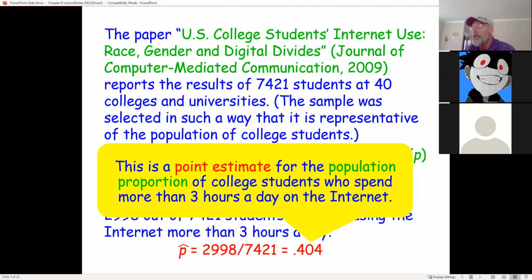Okay, so that is a point estimate for the proportion of college students being on the internet more than 3 hours a day. That's an example of a point estimate. Now, where that is on being close or far away from the population proportion, we don't know.